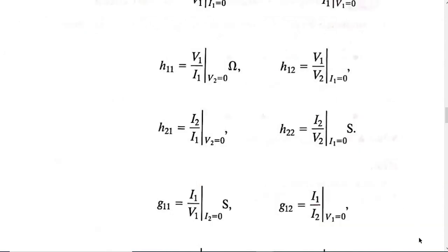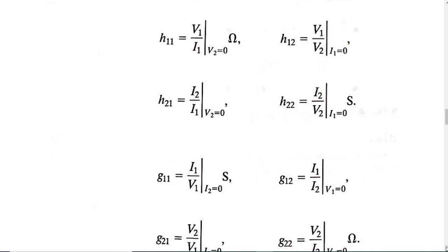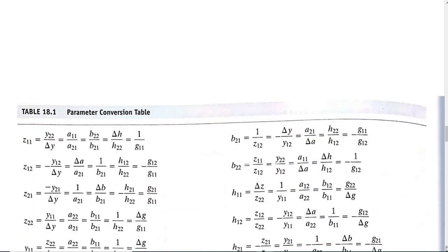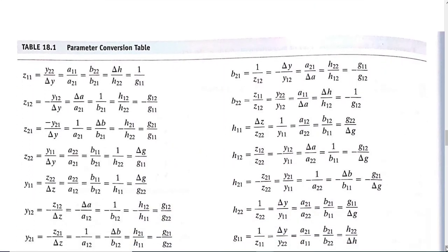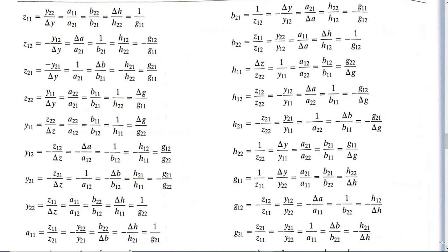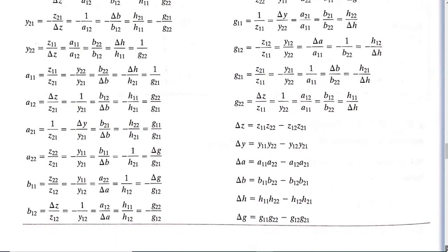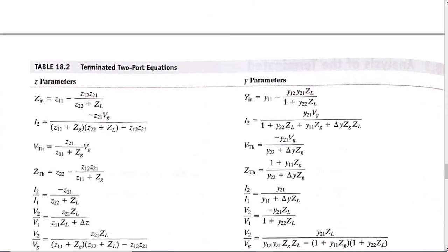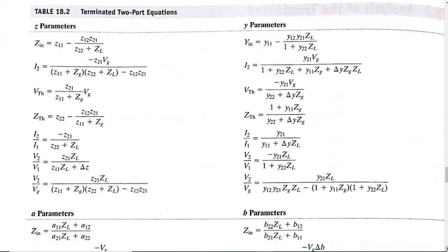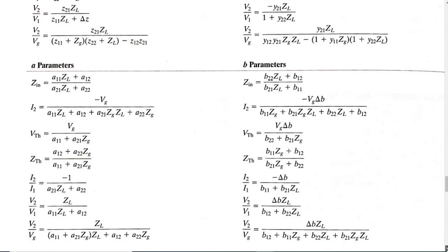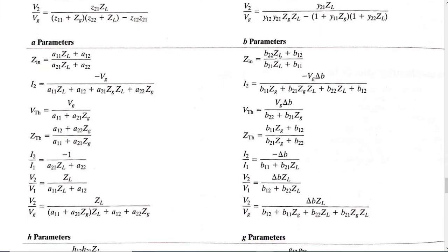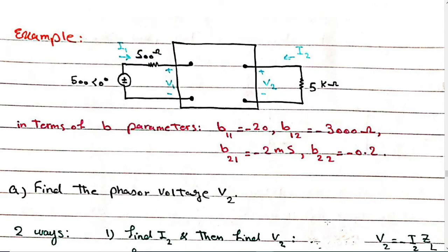So we'll go to this formula sheet. Use this table. Okay, so we have B parameters, this section over here. There will be two ways.